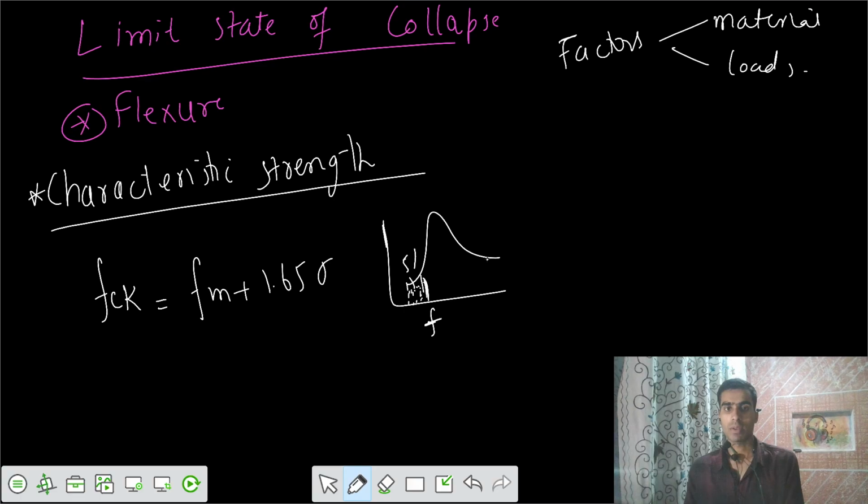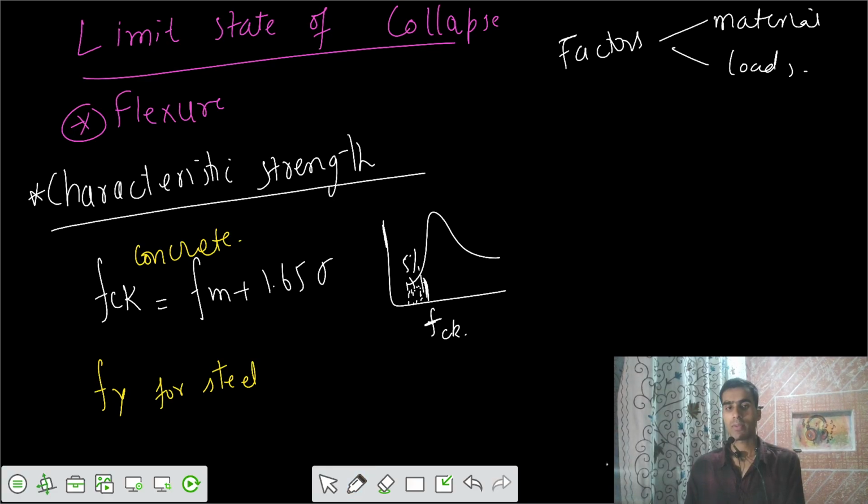And similarly for steel, the characteristic strength is equal to the yield strength.